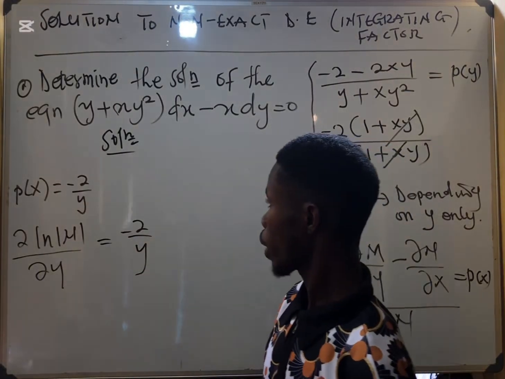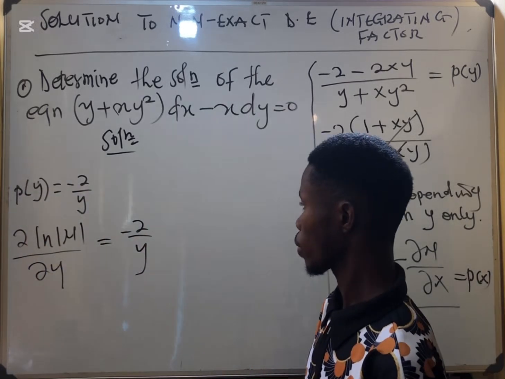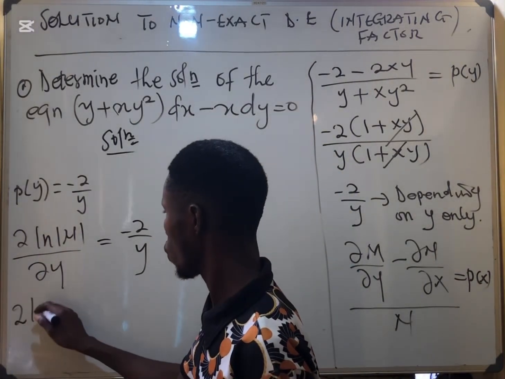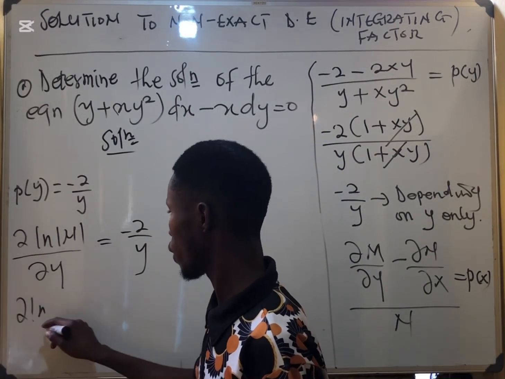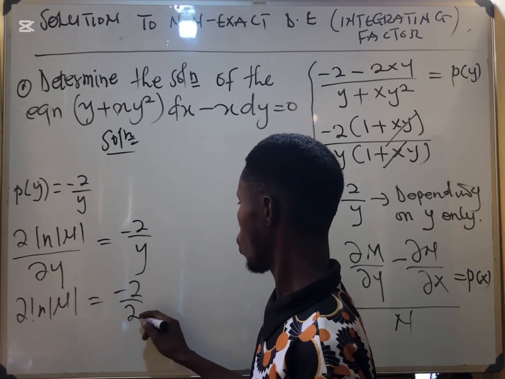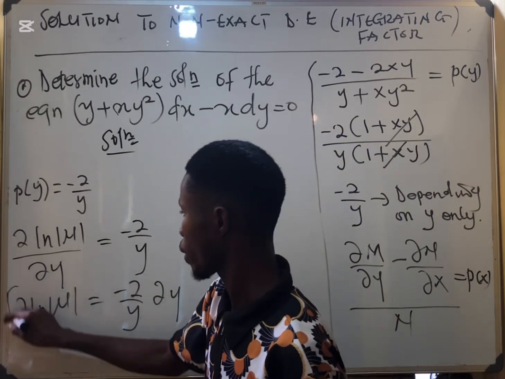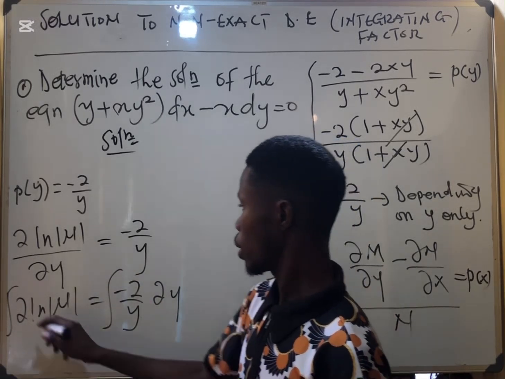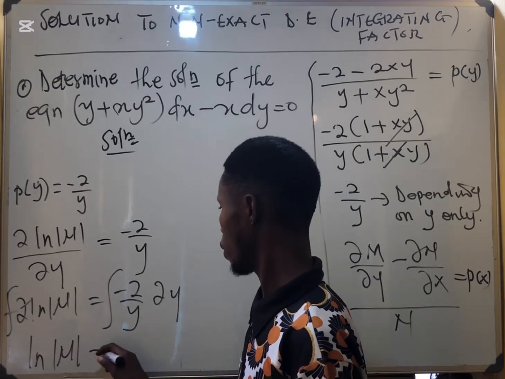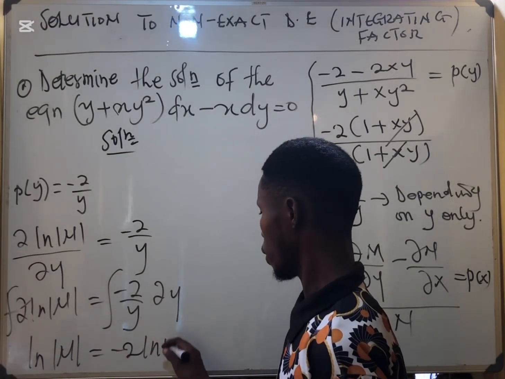So I can do cross multiplication: delta ln mu equals -2 over y delta y. If I take the integral on both sides, this one will take care of this. So we have ln mu equals, this one is a function over its derivative, so I'm going to have -2 ln y.